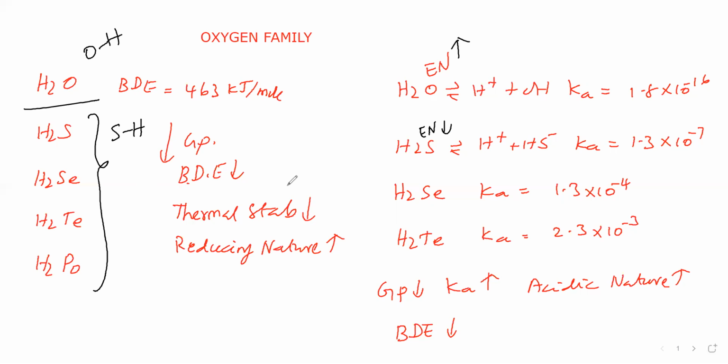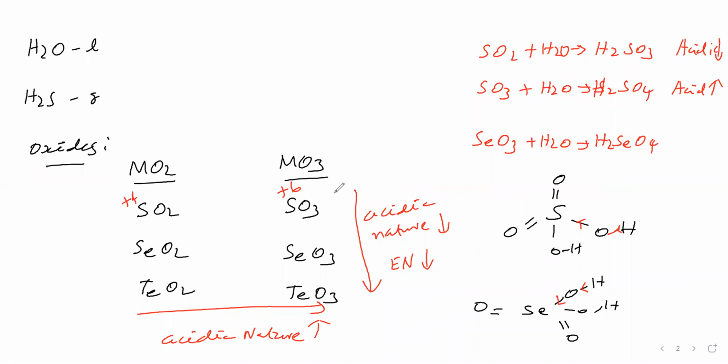So down the group of hydrides, acidic nature increases because bond dissociation energy decreases. Down the group of oxy acids, acidic nature decreases because electronegativity decreases.